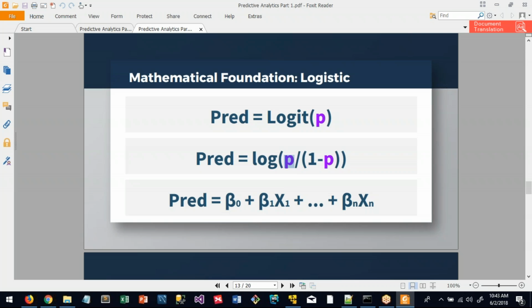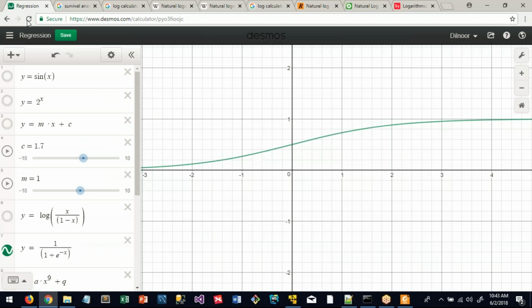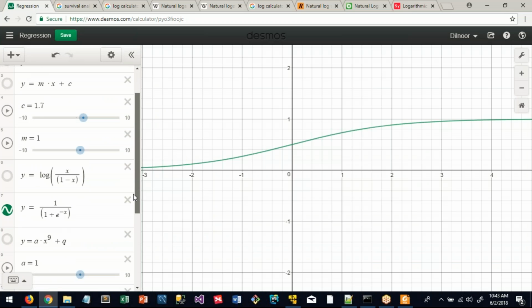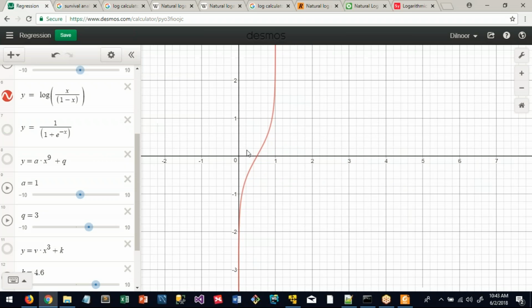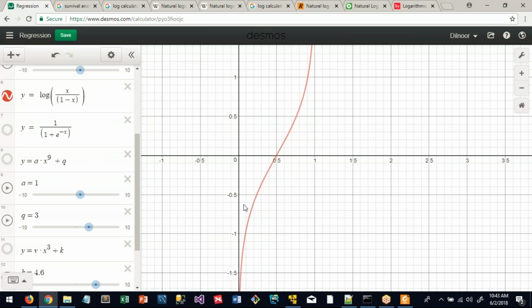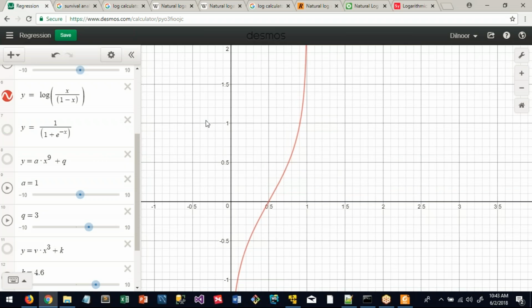I think it will be more clear if I describe graphically what this actually means. This log of p divided by 1 minus p is what it looks like. This is the graphical outcome of log of p divided by 1 minus p. Here p is just written as x, only for notational purposes.